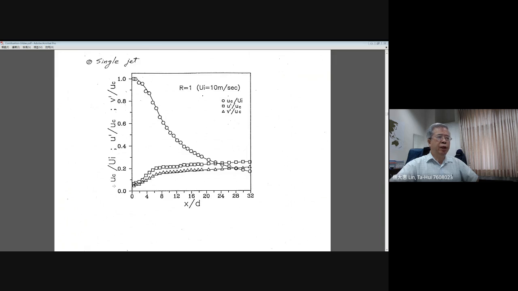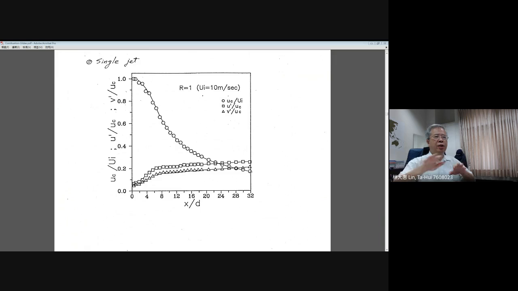Surely this should be equal to 1, because at x equal to 0, actually we do not measure it at 0 millimeter. There is a certain distance, as I described, x equal to 5 millimeter is the starting point, but the value is very close to the injection velocity, but those values will continuously decrease along the center line.